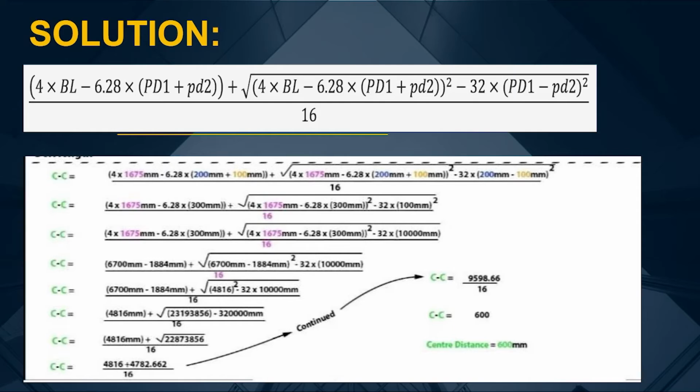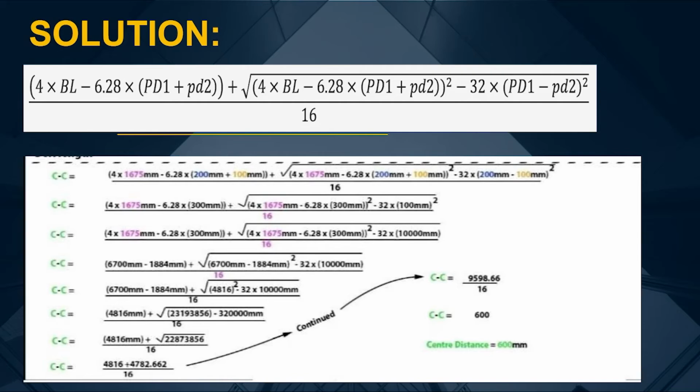So this is the 4 times belt length minus 6.28 times the diameter of the first pulley plus the diameter of the second pulley, plus the square root of 4 times belt length minus 6.28 times the diameter of the first pulley plus the diameter of the second pulley, squared, minus 32 times the diameter of the first pulley minus the diameter of the second pulley, squared, all over 16.